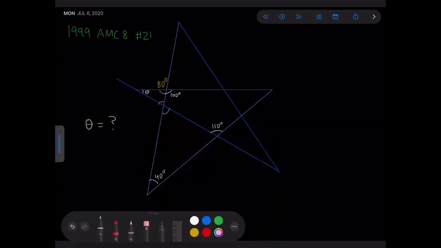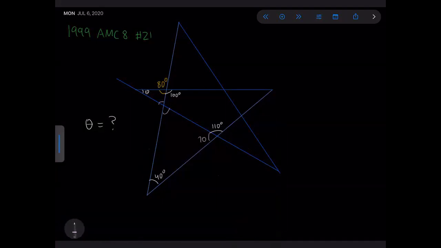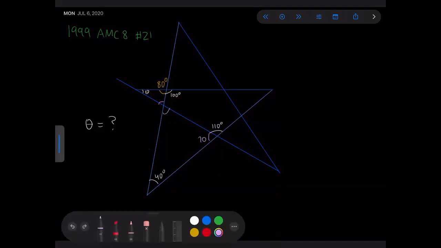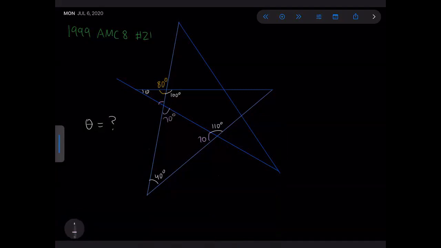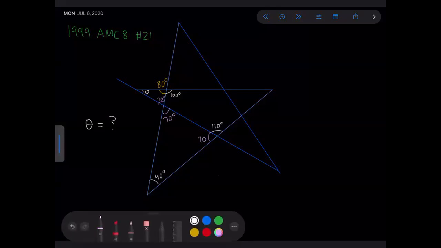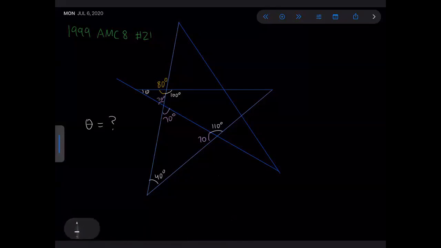That angle is going to be 180 minus 110, which is equal to 70. And now if you look at this angle over here, we know that this is going to be 180 minus 40 minus 70, which is equal to 70 degrees, purely by coincidence. Therefore, this angle is 70 degrees. So angle theta is equal to 180 minus 80 minus 70, which is equal to 30 degrees.